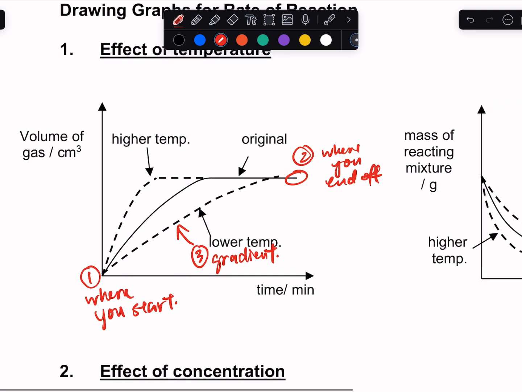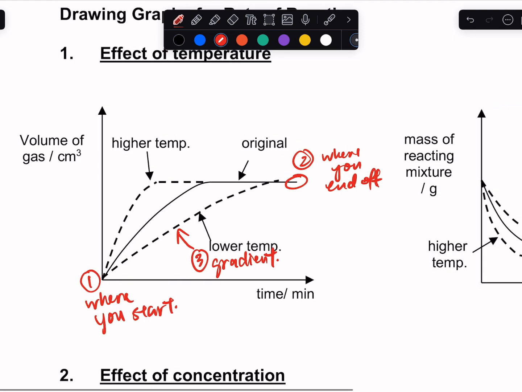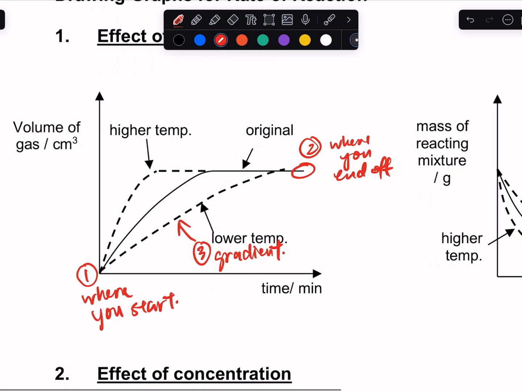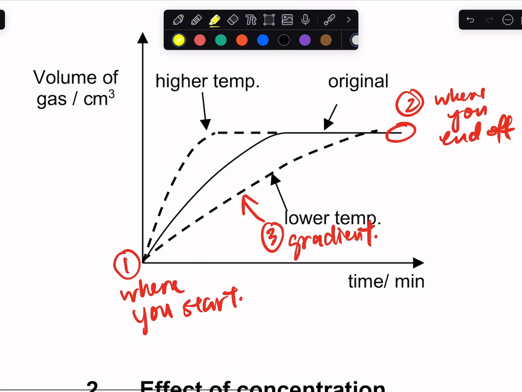Okay, so let's look at this question. Effect of temperature. So, say this is your original plot. If I were to increase the temperature, the volume of gas at the start should still be 0, because at the start there's no gas. But we know that at higher temperature, rate of reaction should be faster.